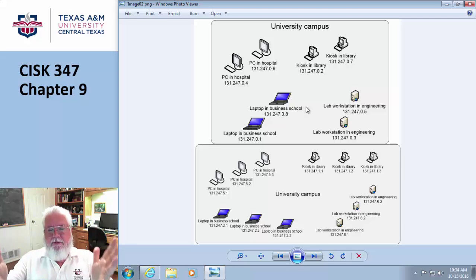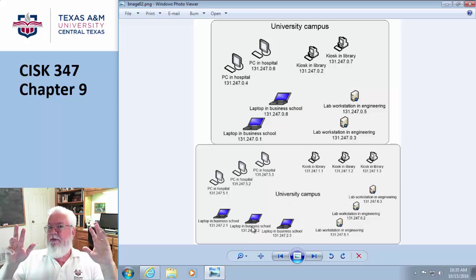So from a management perspective, it makes a lot of sense to break these things up so you can identify them. Here's the after picture. They decided to break these things up into 4 sections, 4 regions, or whatever you want to call it. So the hospital has 131.247.5, library has 1, engineering has 6, and business has 2.